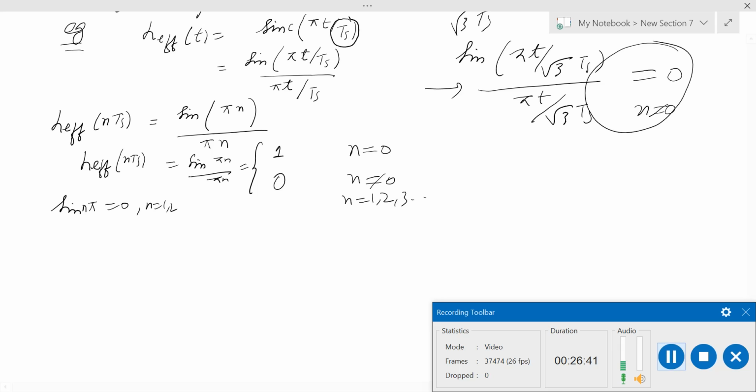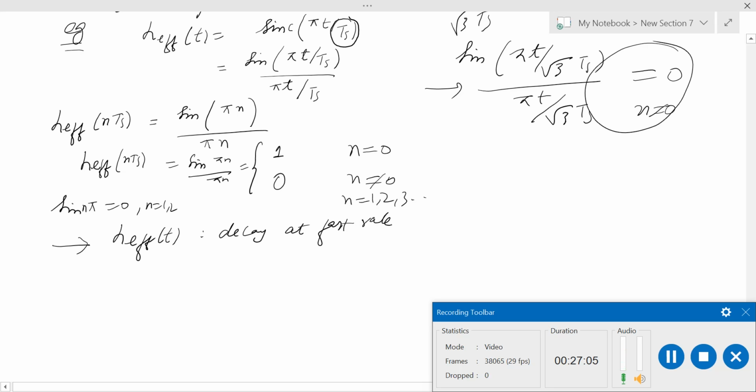Now there are some important conditions which this transfer function must satisfy. One condition is that the effective channel response should decay at a faster rate near the samples n not equal to 0.